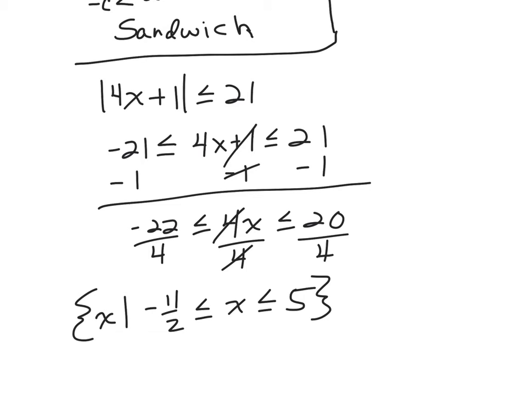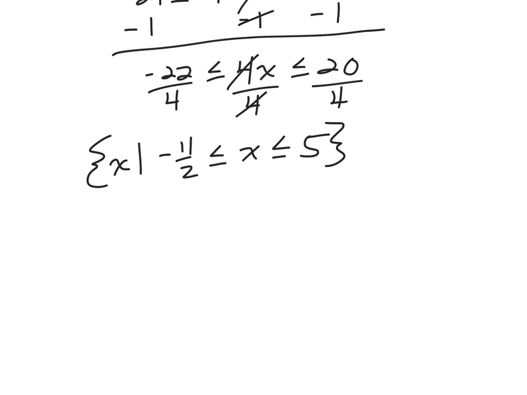We talked about how to graph these. 4x plus 1 has to be both greater than or equal to negative 21 and less than or equal to 21 at the same time. It makes it a conjunction, which makes it an intersection. So, in your problems, guess what? They're going to ask you to find the solution. They're going to ask you to graph it. And they're going to ask for interval notation. So let's get after it.